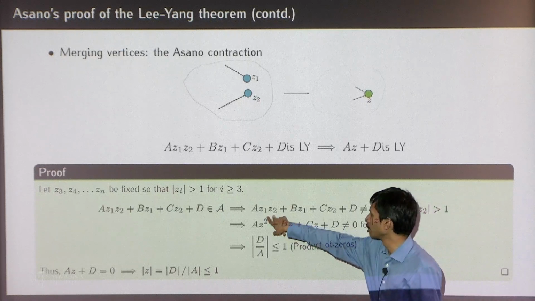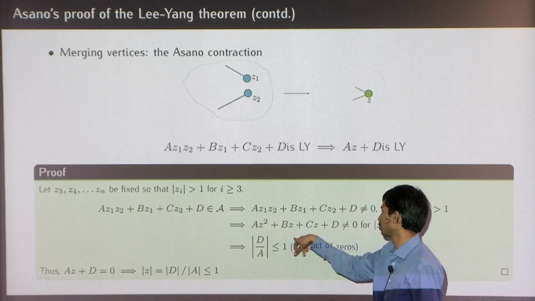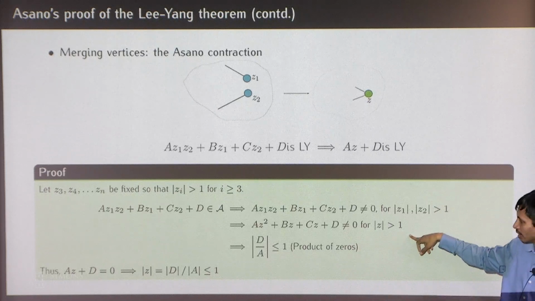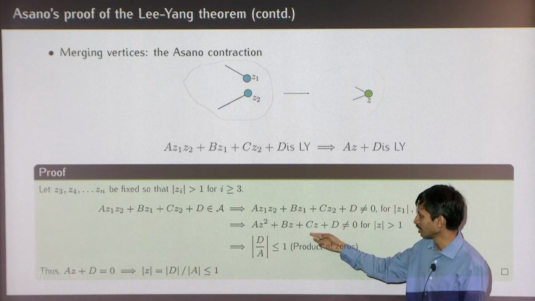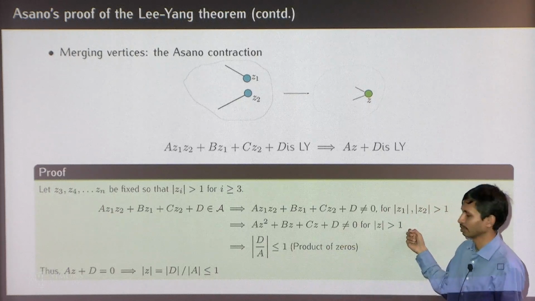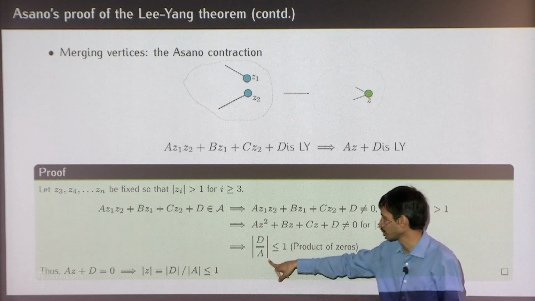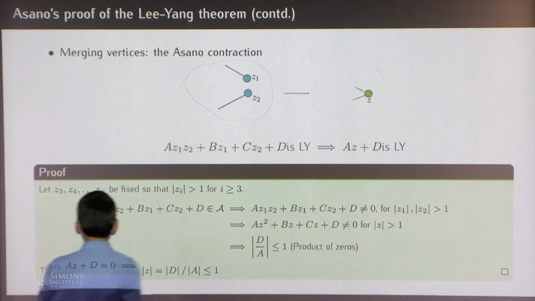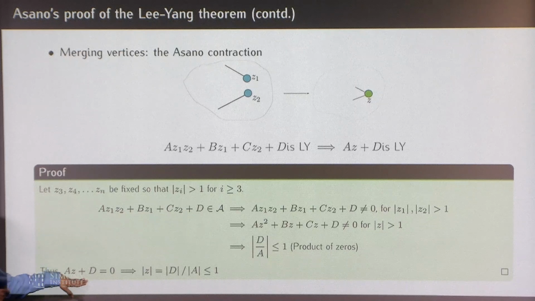But I can take z1 equal to z2, and so I get that a z squared plus b z plus c z plus d is also not equal to 0 when z is outside the unit disk. But this is a quadratic equation, and it has no roots outside the unit circle. So that means that the product of the roots has to be less than or equal to 1. But that is precisely the claim that a z plus d has its root, so for it to be 0, z has to be less than 1.